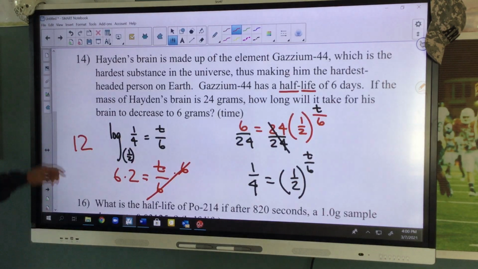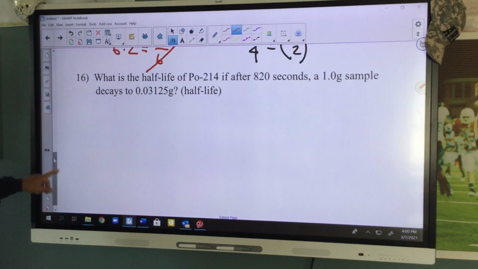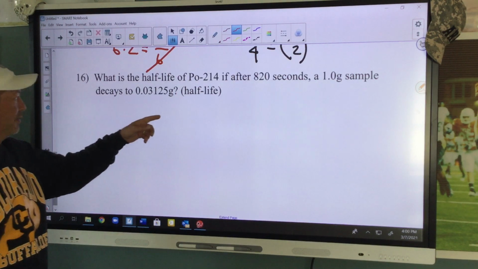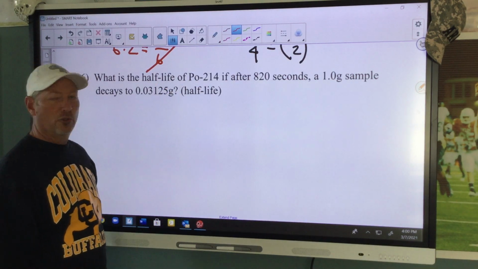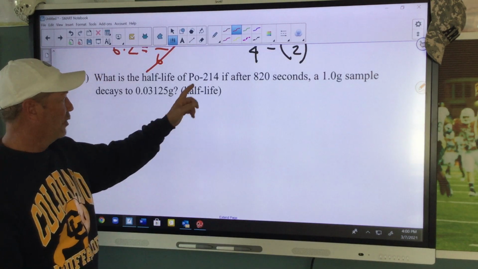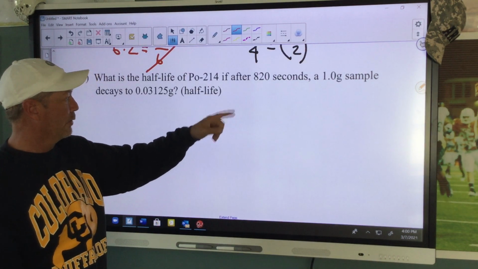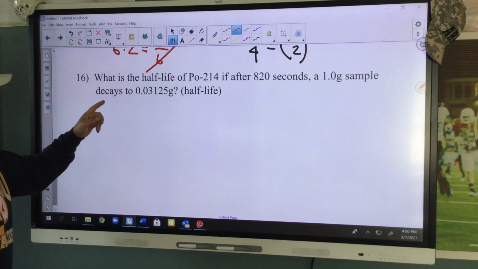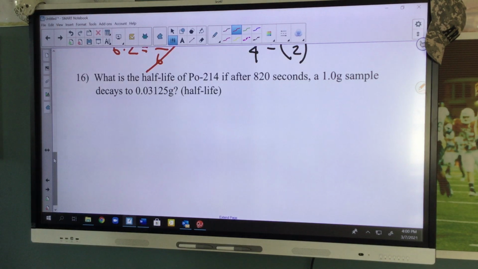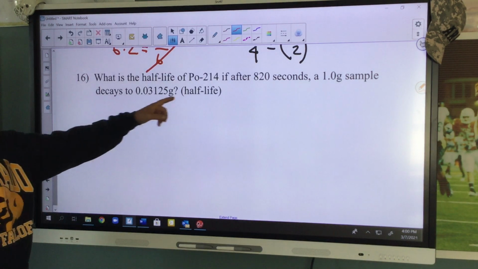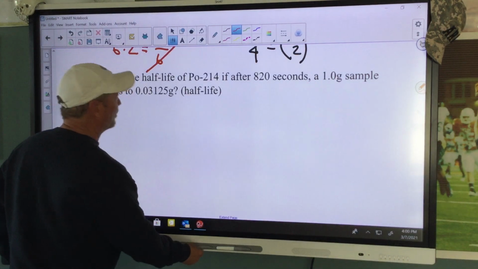Good. All right, let's go to another problem. It says, what is the half-life of PO-214 if after 820 seconds a 1 gram sample decays to 0.03125? They're asking you to find the half-life, the H value.